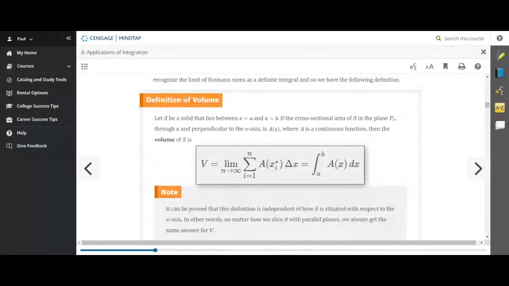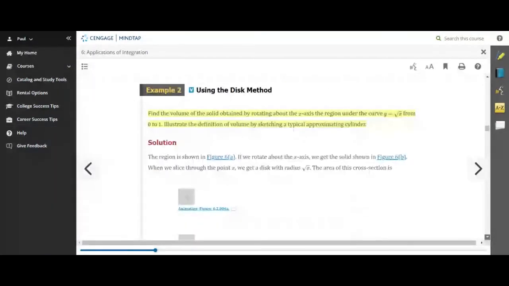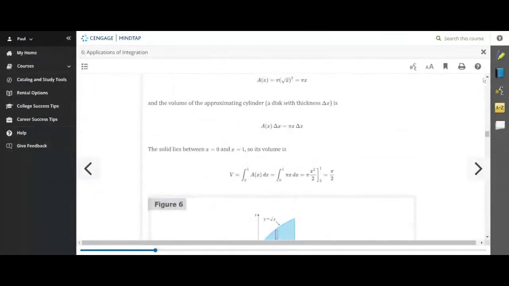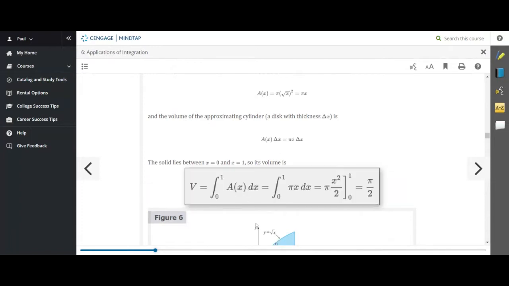If we want the volume for this example 2, the cross-sectional area is pi times the square root of x quantity squared, which is pi times x. So then here is how you would find the volume of that bowl-shaped solid in figure 6.